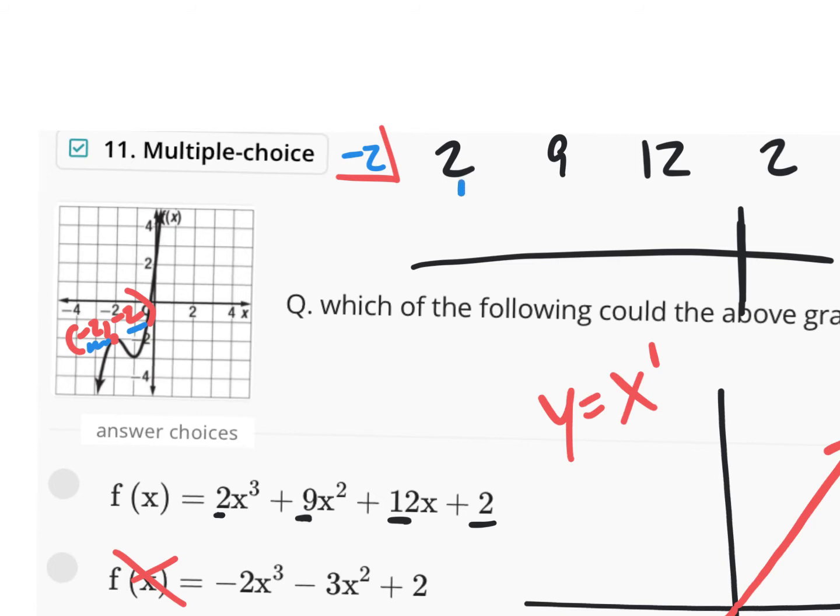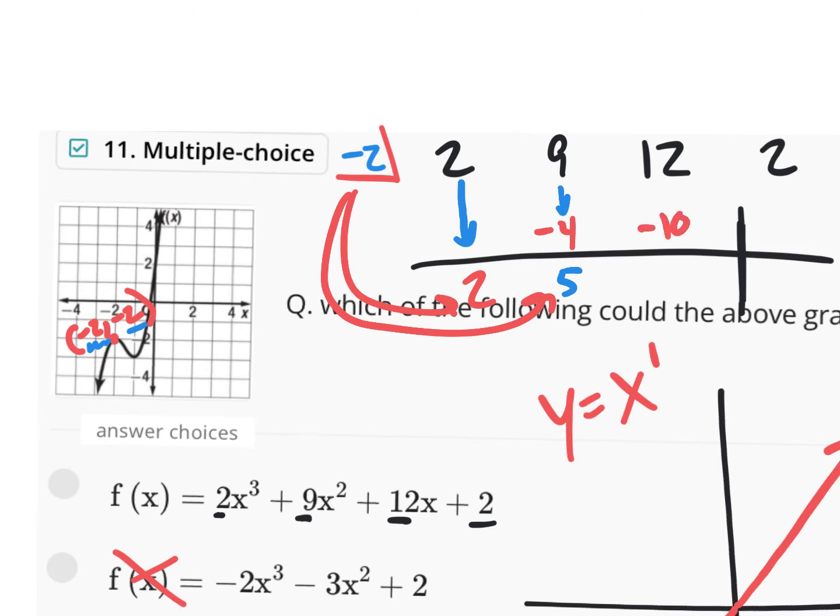So we have 2 plus nothing is 2. And -2 times 2 is -4. 9 plus -4 is 5. And -2 times 5 is -10. And then 12 and -10 is 2.